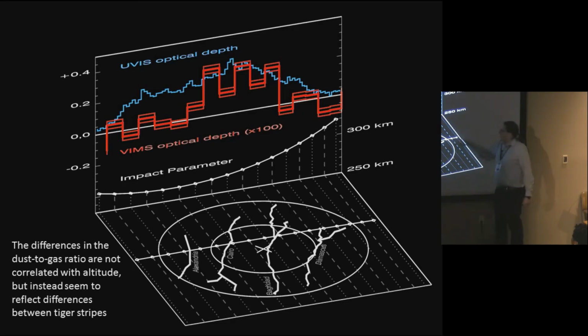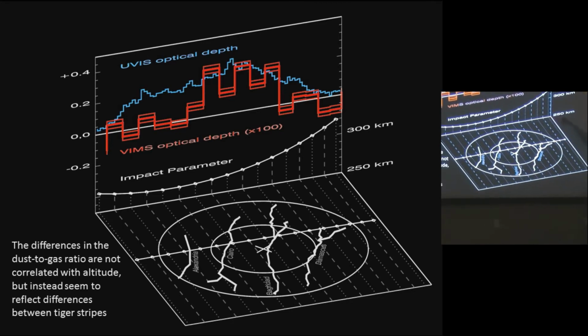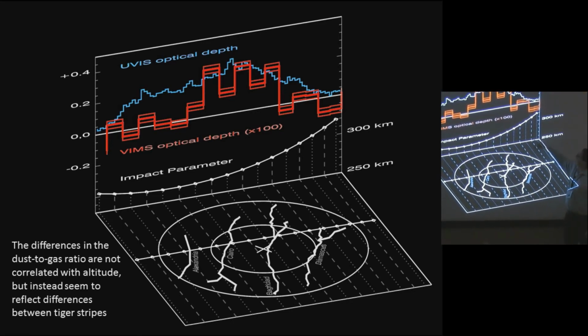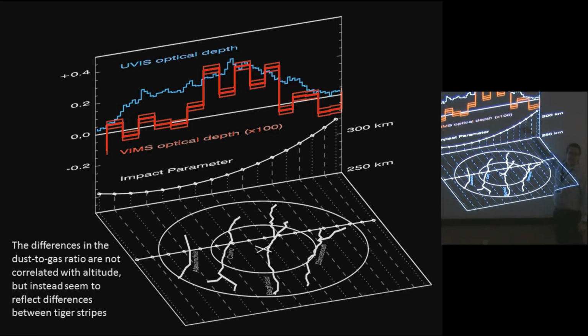This line shows where that line of sight was closest to the surface, which is where most of the signal is going to come from. This line is how far above the surface you were. Technically, it's the impact parameter, so it's how far you are from the center. But this is basically the surface. This is basically 50 kilometers up.